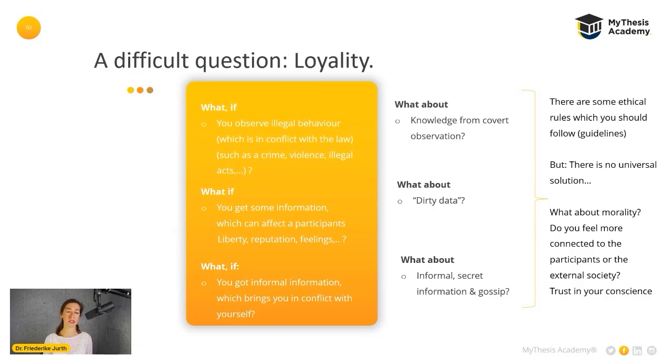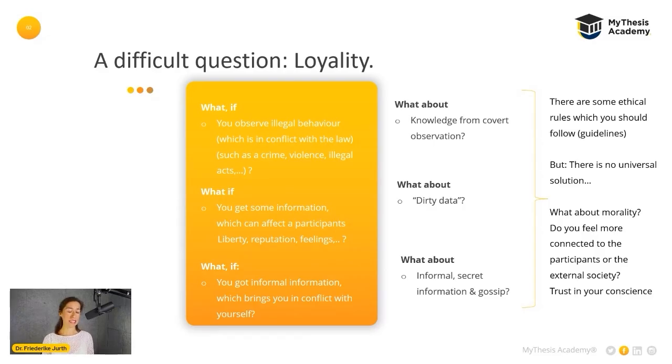It is your duty to take care of your participants and of their well-being. And last but not least, it is also the morality when it comes to these aspects which can bring your informants in a kind of difficult situation.